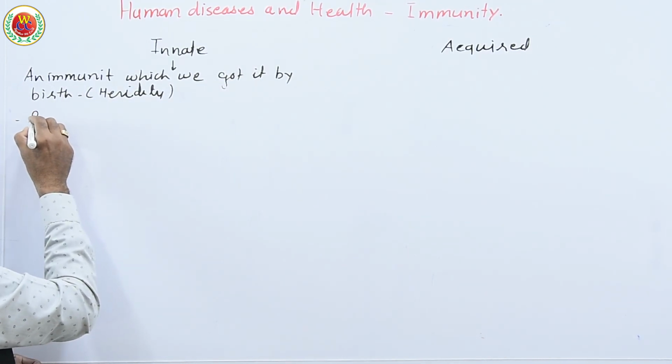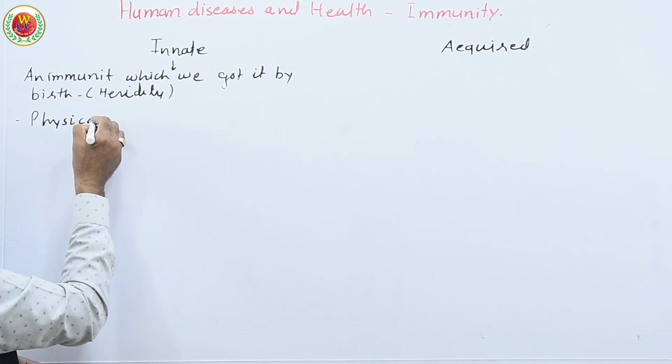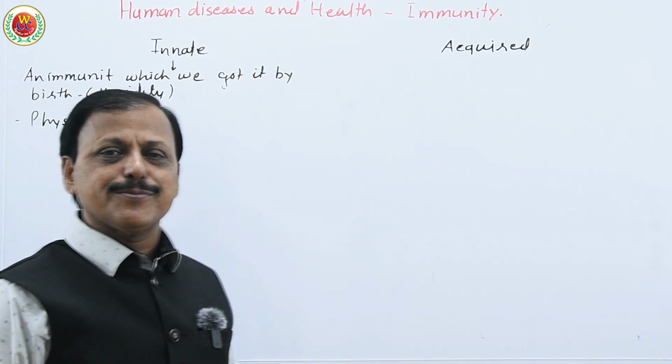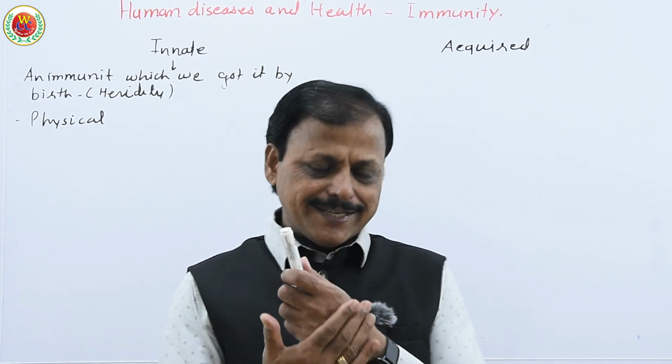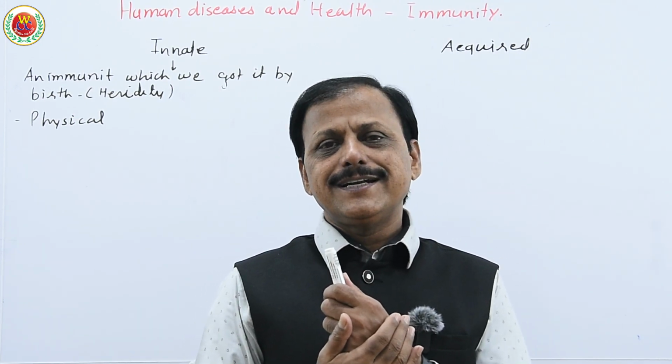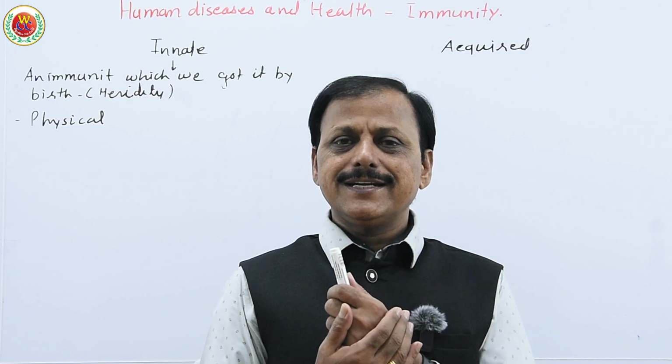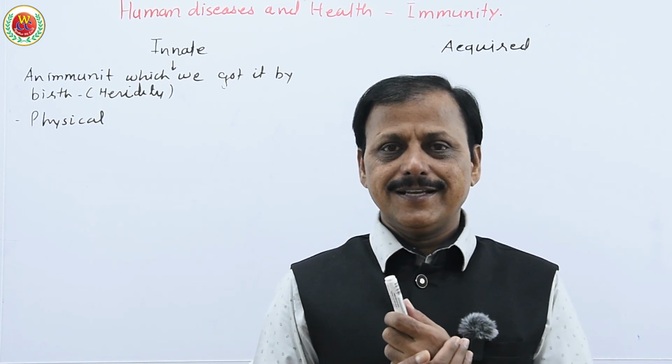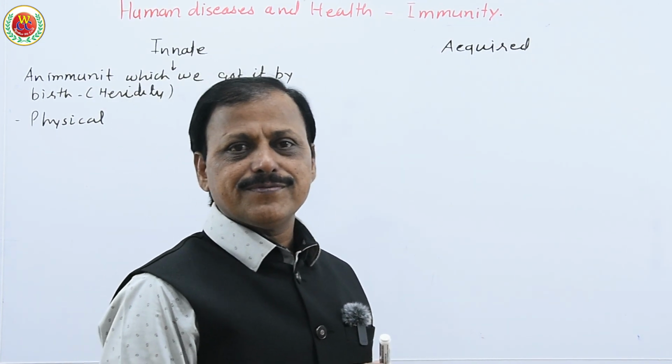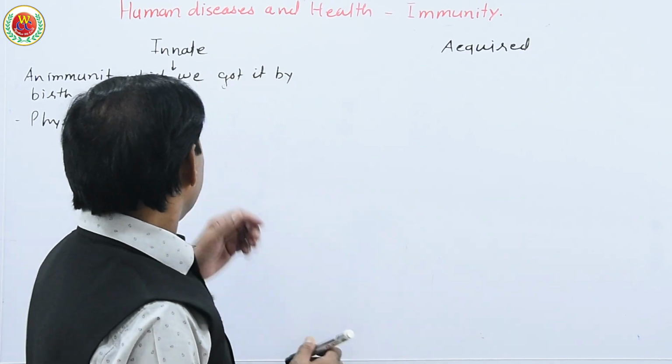First, physical immunity. This is the first doctor of our body. We have skin, a layer of dead cells that protects against the entry of microbes and pathogens into our body.